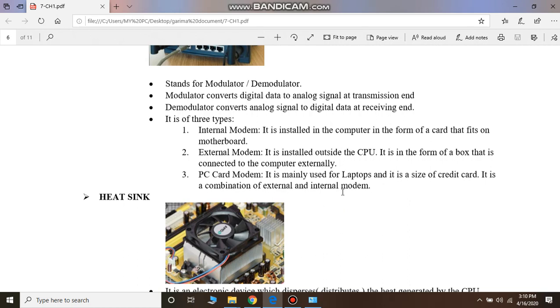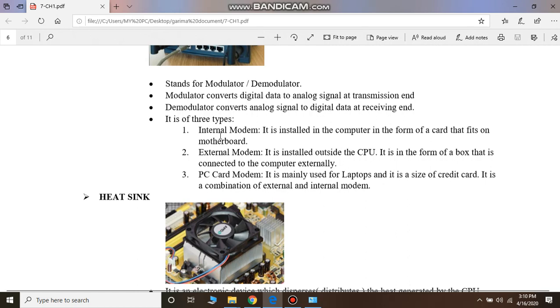The data that comes from the telephone cable is in analog form, so the modem connected to computer 2 will convert this analog data to digital data. That is the task of a demodulator. So you should remember what the modulator is doing and what the demodulator is doing. Modulator is converting digital to analog, and demodulator is converting analog signal to a digital signal.